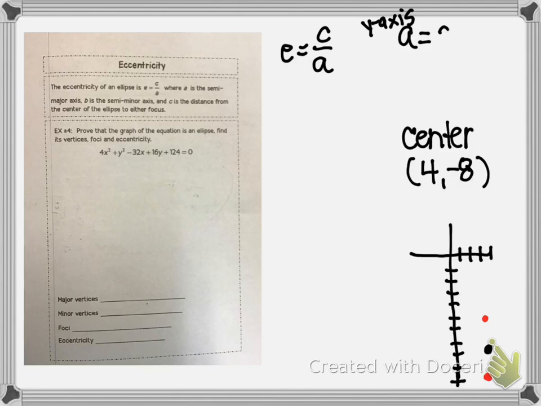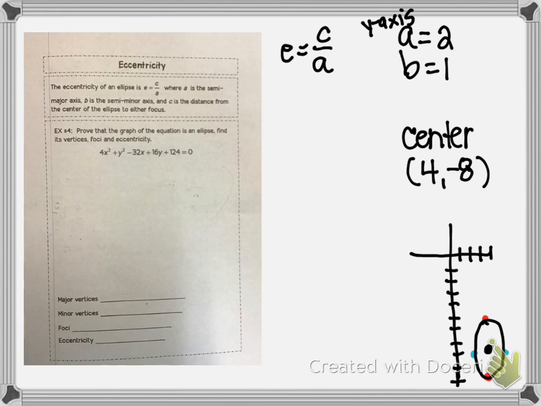So my A was 2, my B is 1. So again, I can plot those. Okay. So there's my ellipse.